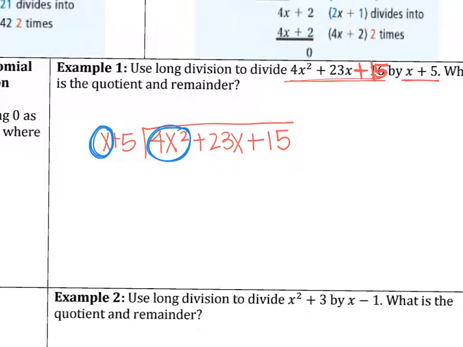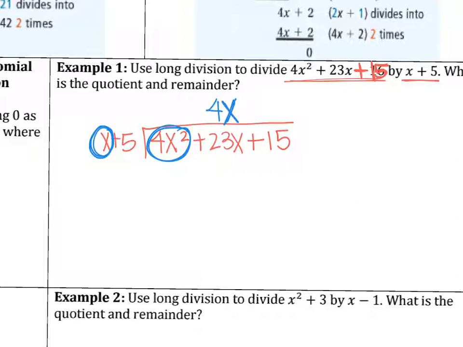Or in other words, x times what gives me 4x squared? Well, I'm missing a 4. So I need a 4. And I only have one x and I need 2 x's. So I need to multiply by 4x. If I multiply 4x times x, I'm going to have 4x squared. That's my answer. So 4x, you're going to put that above this 23x.